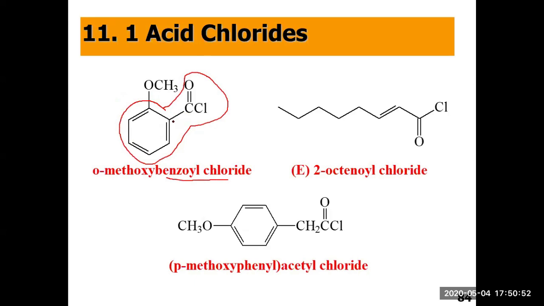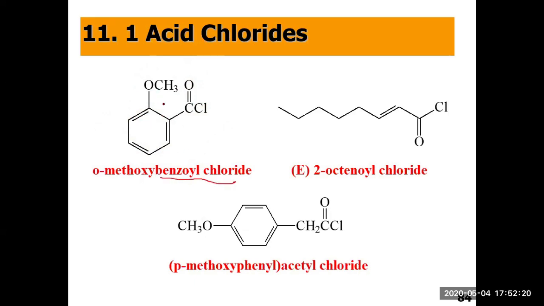And if you notice, we have another substituent here, which is a methoxy group, and this is at carbon 2 with respect to this one. Now, the acid chloride group is bonded to the benzene ring, and that gives this part of the molecule a new base name, which is called benzoyl chloride.